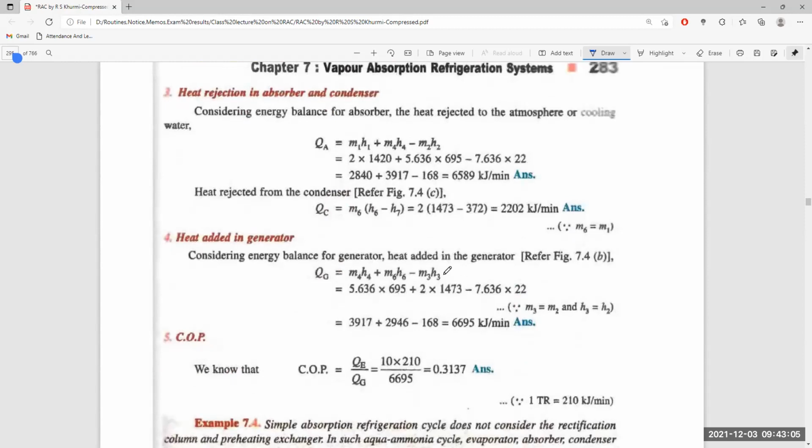So putting in the respective values, we get the heat added in the generator as 6.65.